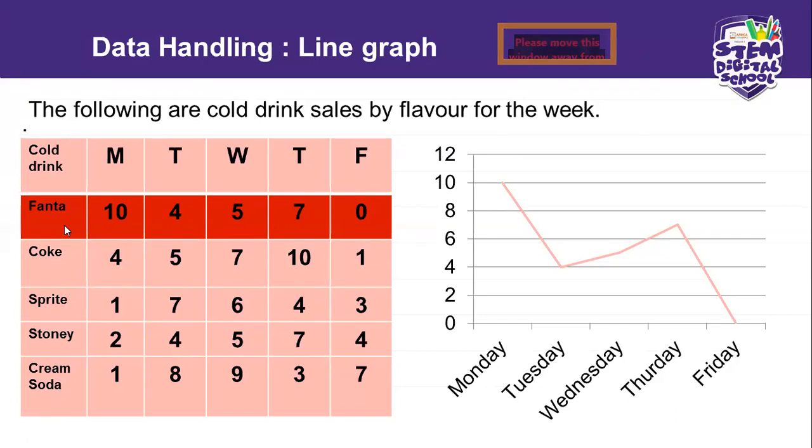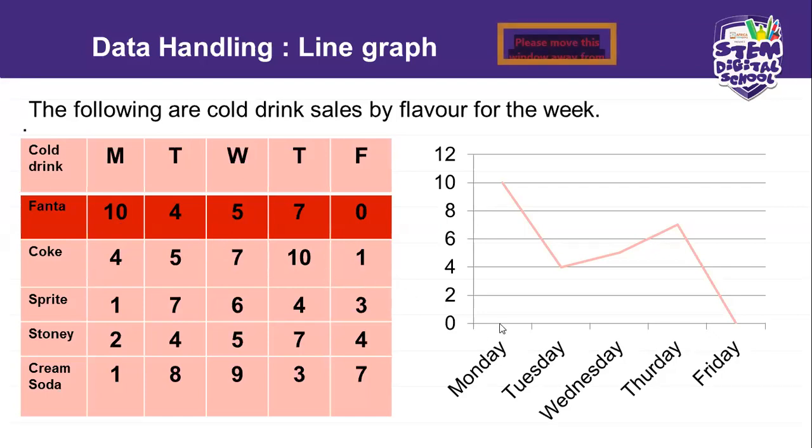The table tells us on Monday, 10 Fanta cold drinks were sold. So I'm going to go to my graph. Remember I say we've got the x-axis, the horizontal part where we have put the number of days. And then here on the y-axis, we have put the number of cool drinks that were sold. So on Monday, we go to Monday, and then they say 10 cool drinks were sold.